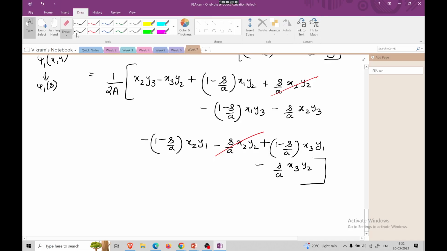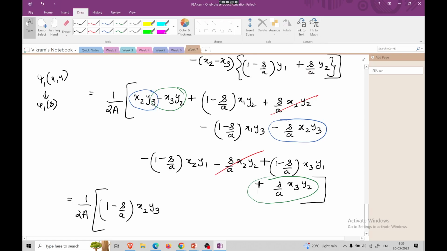Okay, I think this should also be plus, because minus into minus will become plus, so that I have written here. So these two terms I will take my minus common, so this will be 1 minus s by a again. Another two terms: x1 y2, I have only one x1 y2.